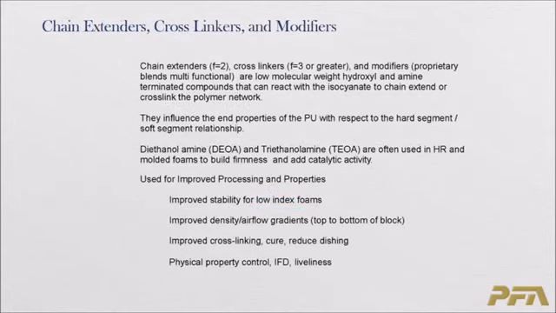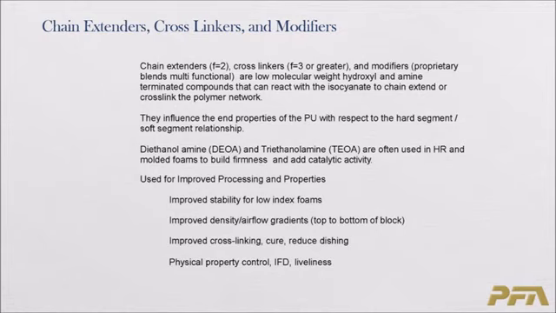Some of the other polyurethane foam components are things like chain extenders, cross-linkers, and other modifiers. These are typically low molecular weight. They can be hydroxy or amine terminated, and they typically react with the isocyanate to do some type of additional cross-linking reaction, depending upon what you're trying to achieve.